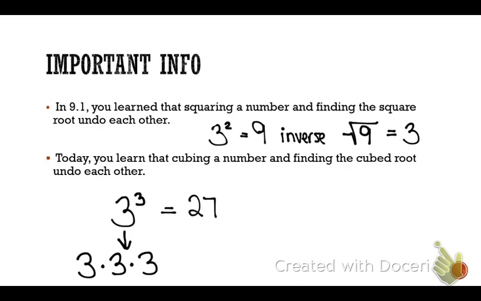So if 3 to the third power is 27, then the cubed root is the inverse. And the cubed root of 27, anybody want to take a wild guess? 3. So they're inverses. We're showing that cubing a number gives a product, and when I take the cubed root of that answer, I get the original number.